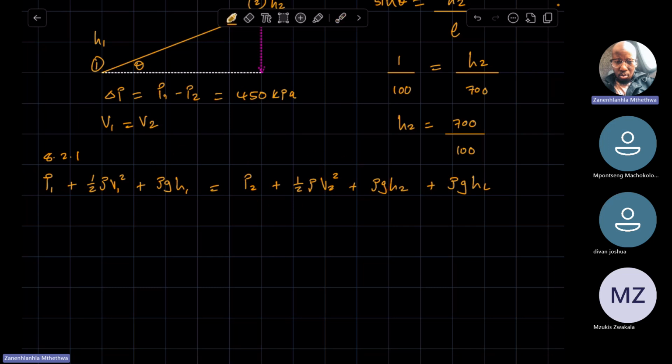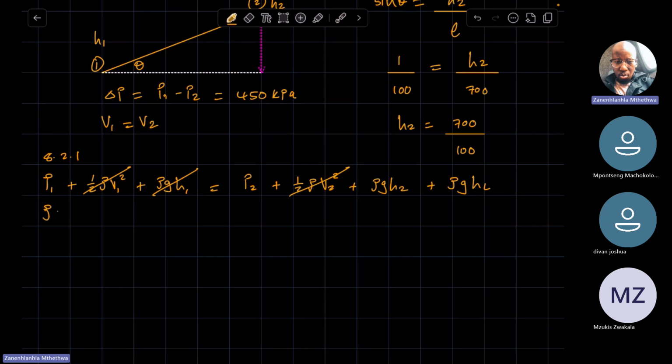Bearing in mind that we've already established that the velocity in the pipe at inlet is equal to the velocity at outlet, this will cancel with that because they're essentially equal. We also established that H1 is equal to 0, so this term is also going to fall away. So now all we do is transpose this to that side, this to that side, making rho g HL the subject of the formula.